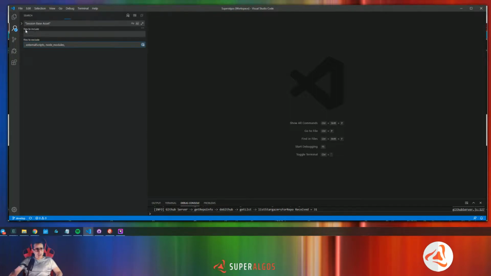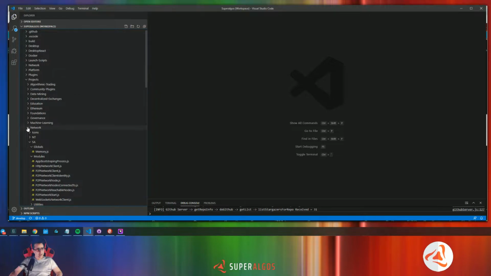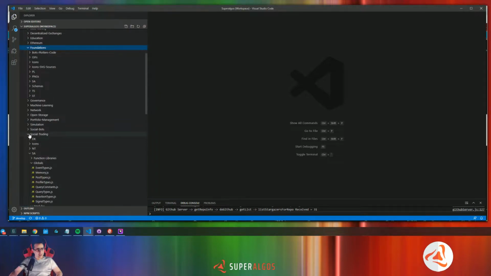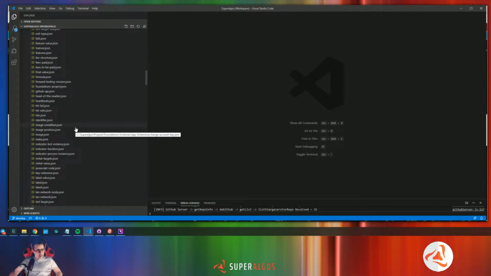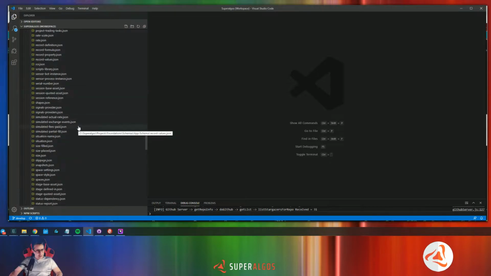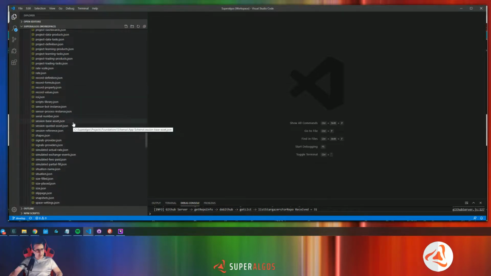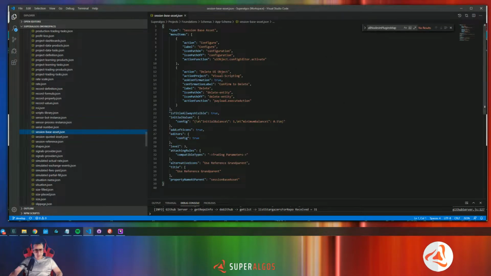Not a good idea because there are a million JSON files, so it's going to be faster if I go directly to the Foundations project, schemas, schema, session-based asset.